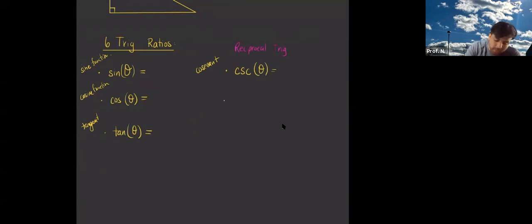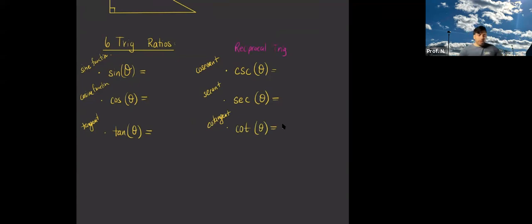And then you have what's called secant, the secant function, which is the reciprocal of cosine. And then you finally got what's called cotangent. And that's the reciprocal.